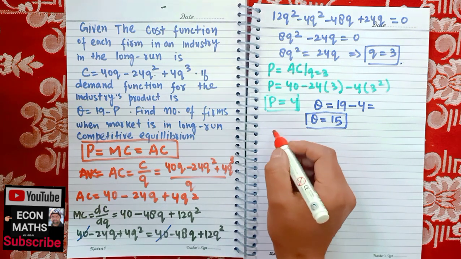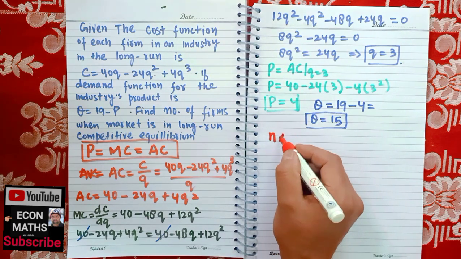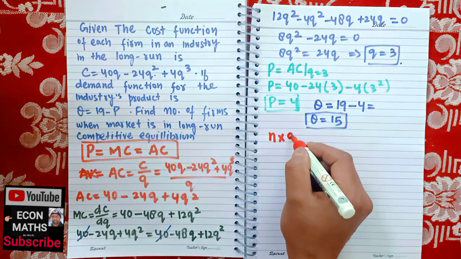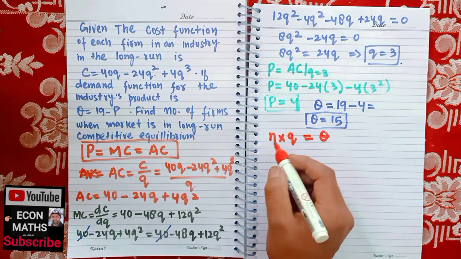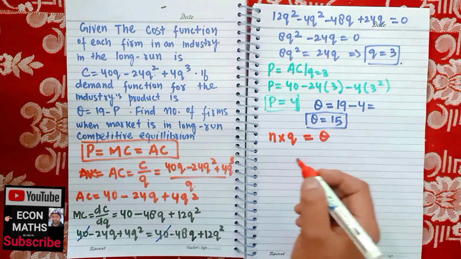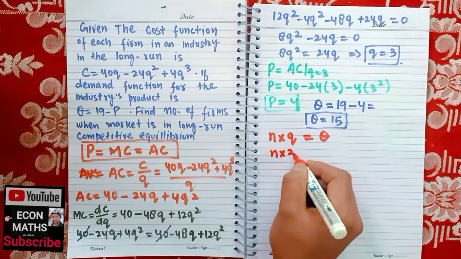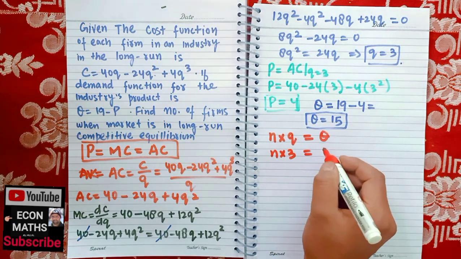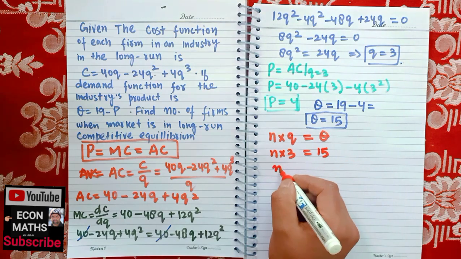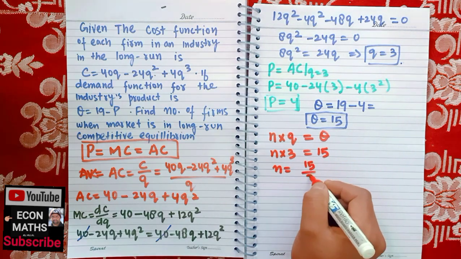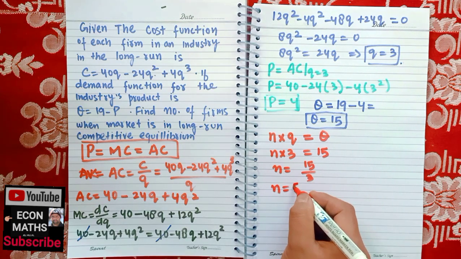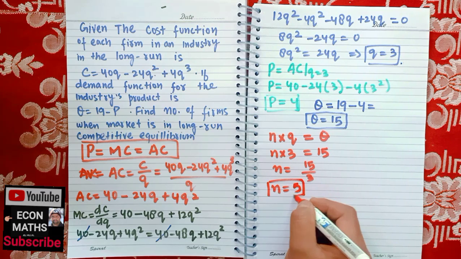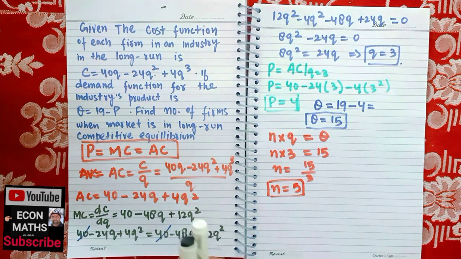The number of firms n times the output produced by each firm should be equal to the total output in the market. So n × 3 = 15, which gives n = 15/3 = 5. That means the total number of firms in the long run market equilibrium will be 5.